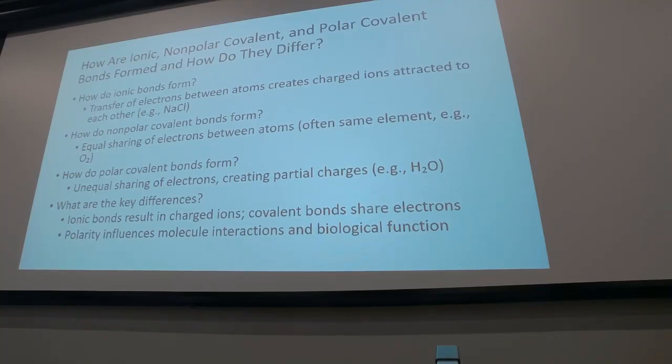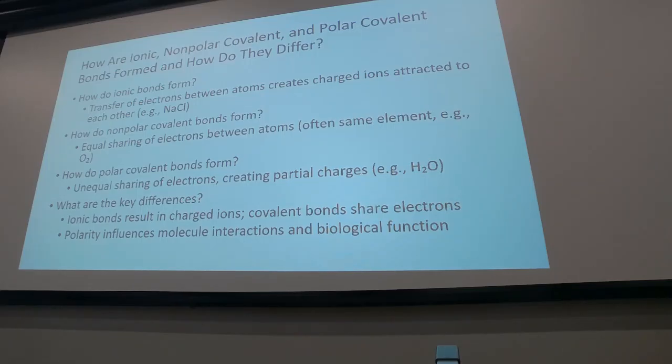So one way to form molecules is by sharing electrons or by donating or accepting electrons. When atoms donate or accept electrons, they will form something that is called an ionic bond.